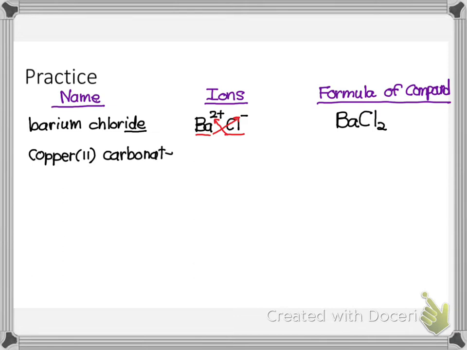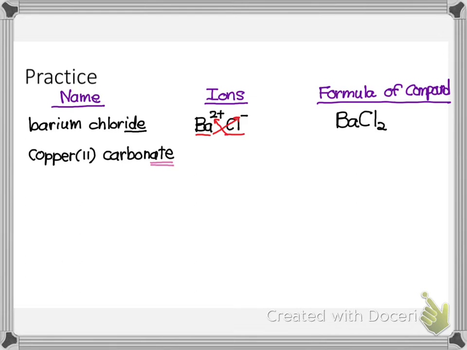Now, if you get this name, what I want you to try to start remembering as you're practicing is that ATE endings are going to be connected with a polyatomic ion. Okay, so ATE is not going to be carbon. I know you see the word carbon, but ATE at the end is a polyatomic ion.